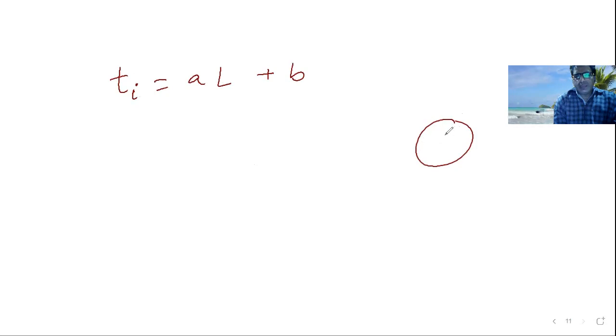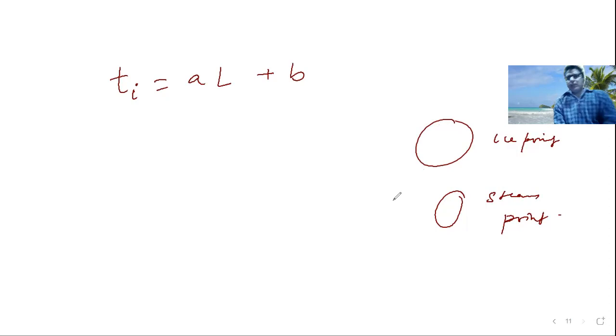It comes into thermal equilibrium with it, so it has the same temperature as the ice point. Likewise, I have the steam point state. When I bring my thermometer in thermal contact with the steam point, its temperature is Ts. So I note the length of the mercury column in both cases.